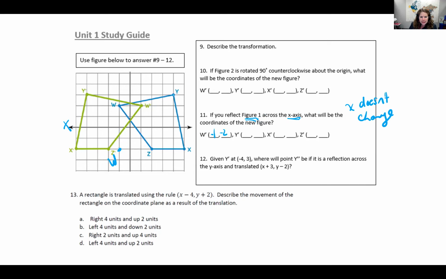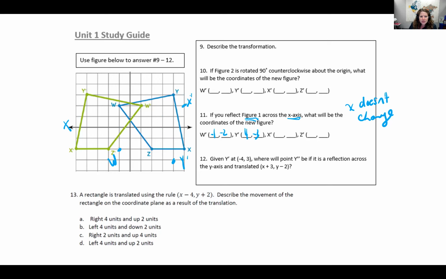Y, we're going to go toward the x-axis. 1, 2, 3. Keep going. 1, 2, 3. So y prime is at 4, negative 3. X is what we're doing. Yeah, we're doing the blue one. X, we're going toward it. 1, 2, 1, 2.